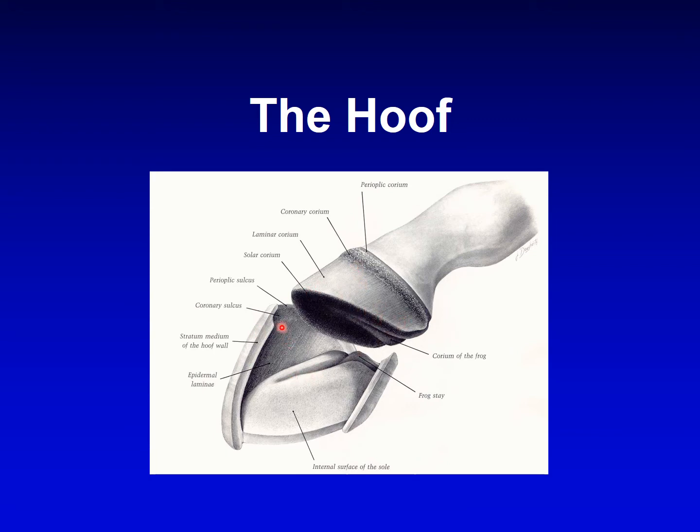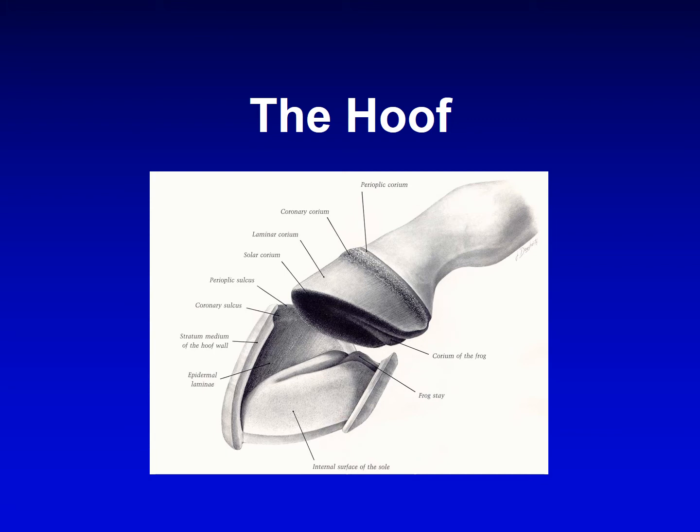So it's a keratinized epidermis. Remember that. Keratinized epidermis. We have a dermis here on top of P3, on top of the coffin bone, the third phalanx. We have dermis, and the hoof is the epidermis.